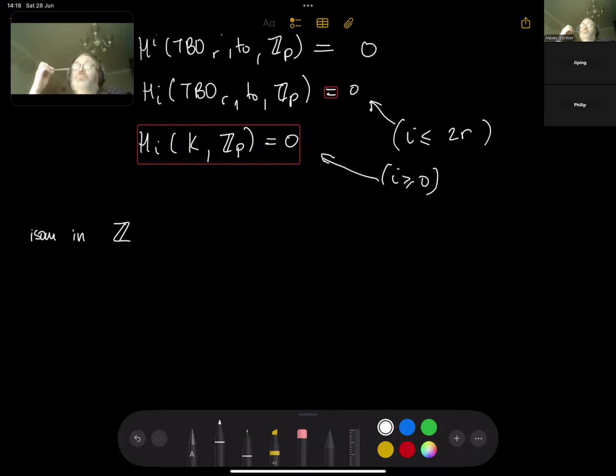The answer is yes, just by direct calculation. So it suffices to consider all finite field coefficients, actually all Z_p coefficients.